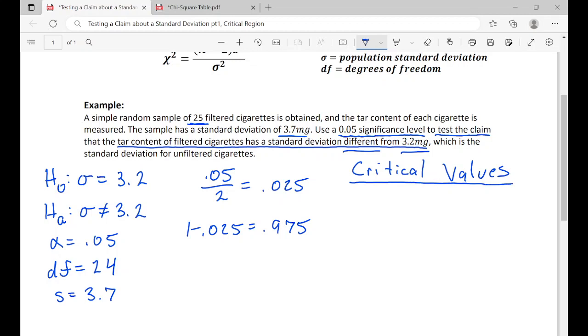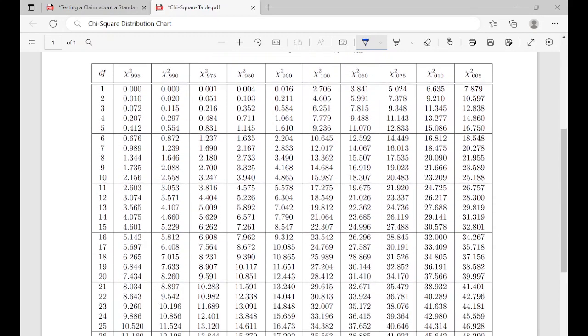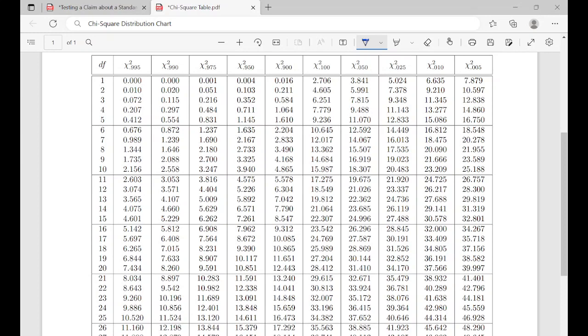The way we do that is we use a chi-squared table. So we're going to find the chi-squared of 0.025 and 0.975 with our degrees of freedom being 24. In our chi-squared distribution table here, we know our degrees of freedom are 24, so 24 is right here.